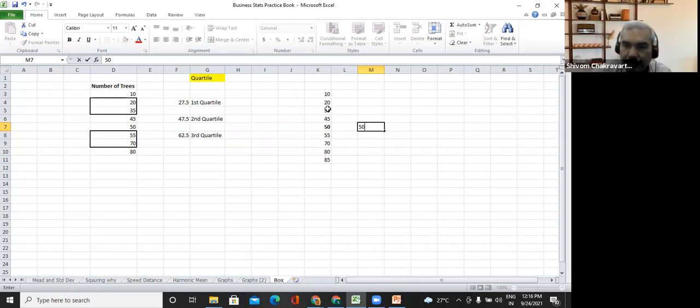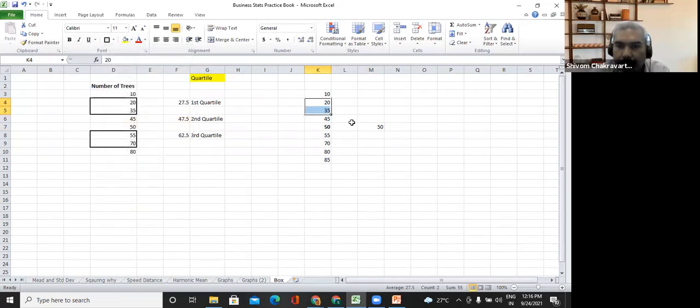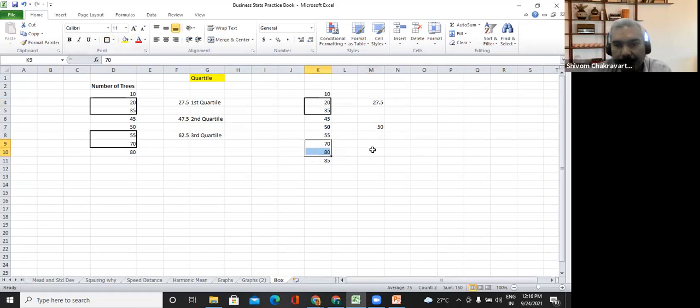In the first part there are 4 numbers, so again we will take the average of the middle two, which will again be 27.5. Here also we have taken the average of the same numbers. Now here we will take the average of these two numbers, 70 and 80, which will be 75.